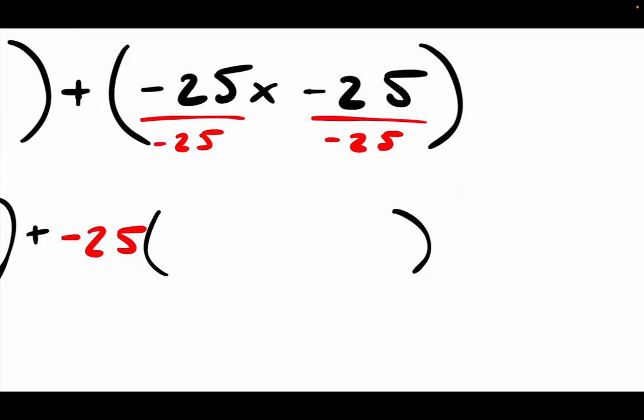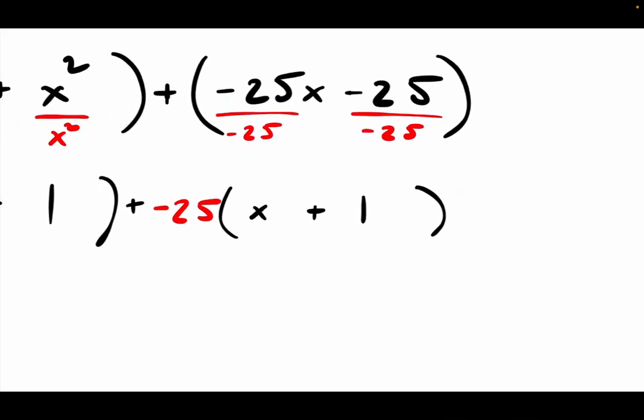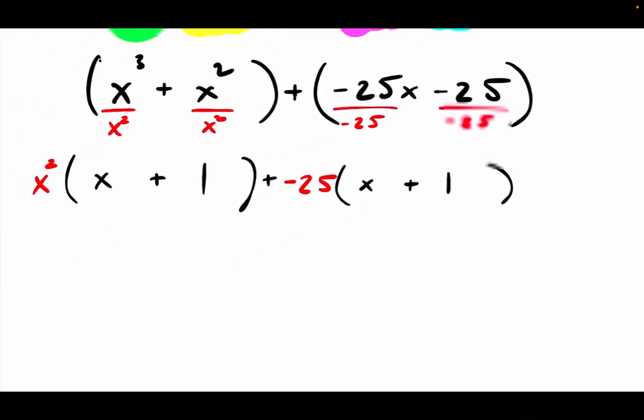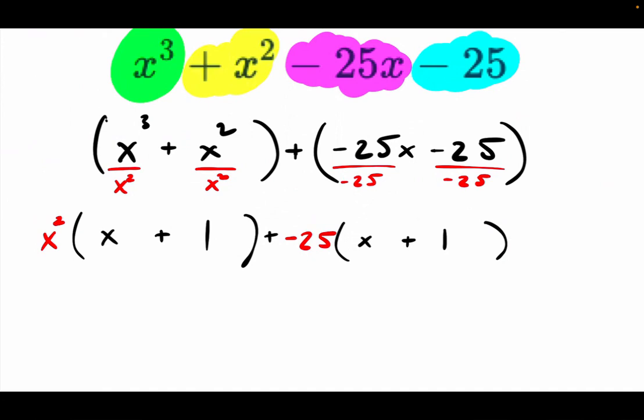Negative 25 divided by negative 25 makes a positive 1, x. Negative 25 divided by negative 25 makes a positive 1. That was step 5. So now they each have GCFs.